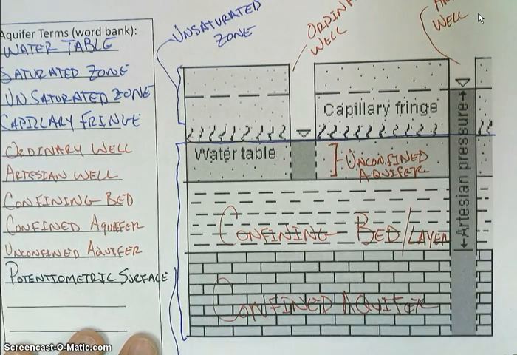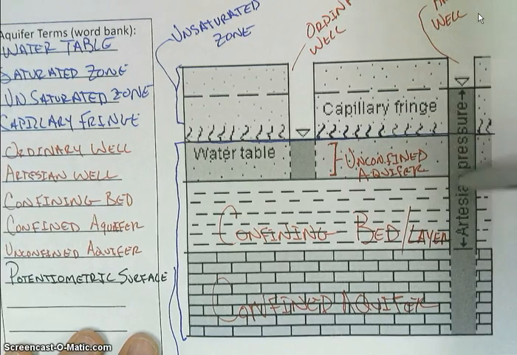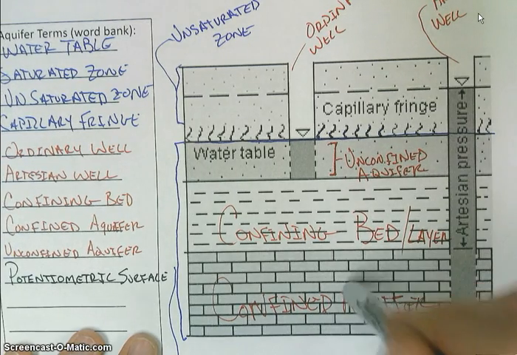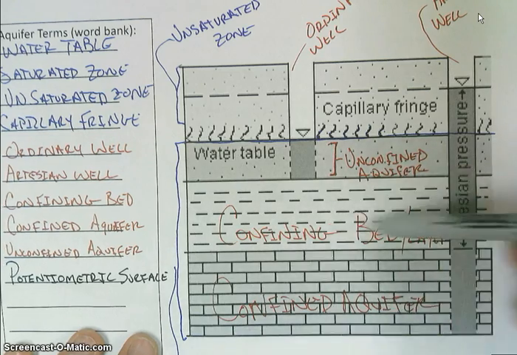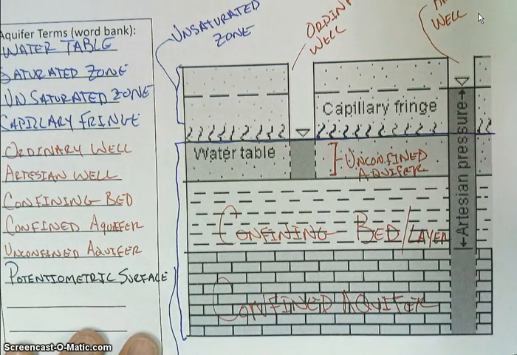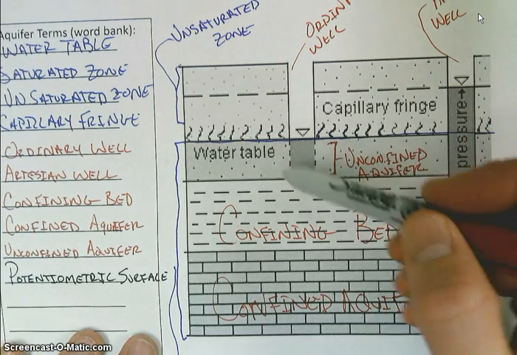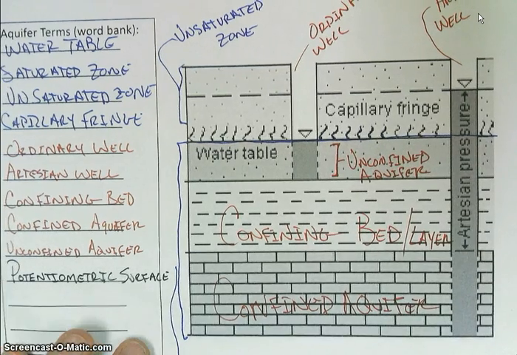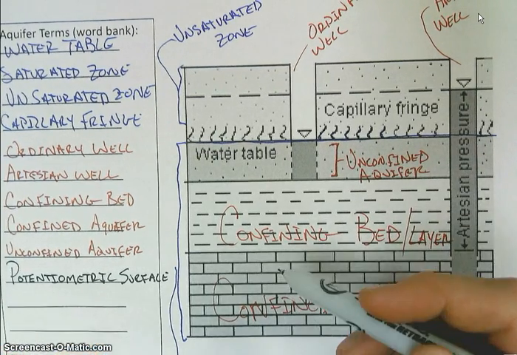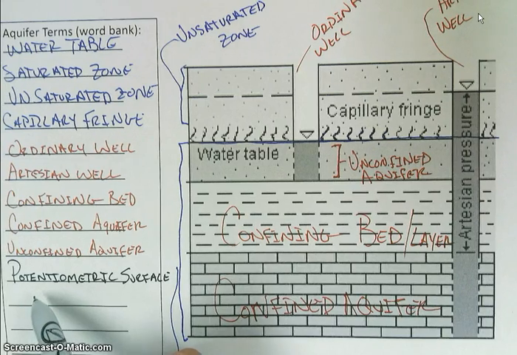Again, artesian wells drill down to confined aquifers. These are under pressure because they're confined by a confining bed. These are unconfined aquifers associated with ordinary wells. These are equilibrated at atmospheric pressure. They rise to the water table. Lastly, we have this thing called the potentiometric surface.